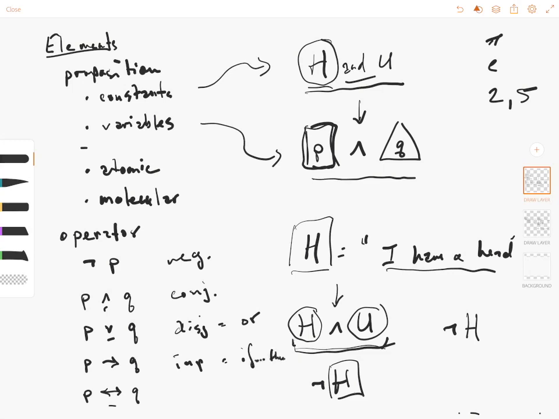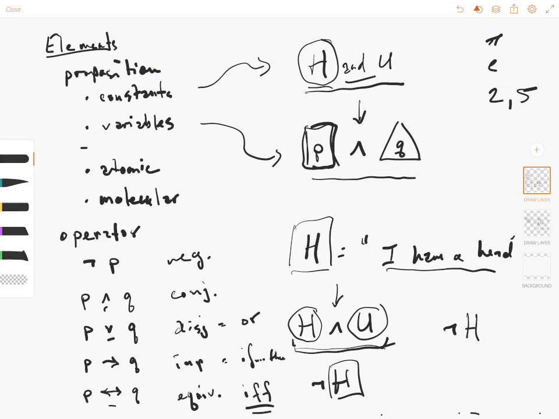And this symbol is equivalence, material equivalence, or the biconditional. So we have conditional and biconditional. Sometimes these operators go by various names. So we'll use equivalence, that's mostly the name, and it means basically the same as if and only if. So IFF is an abbreviation for if and only if.